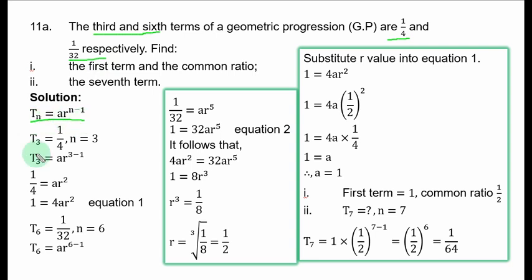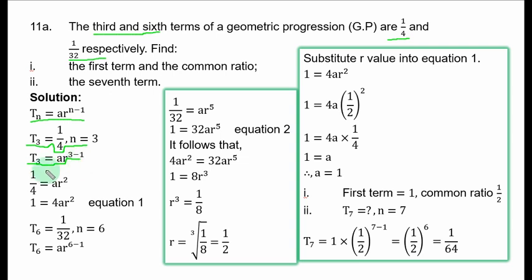From the question, the third term t sub 3 is equal to 1/4. At the third term, n is equal to 3. So you have t sub 3 is equal to first term a times common ratio r to the power of n, now n is 3 minus 1.